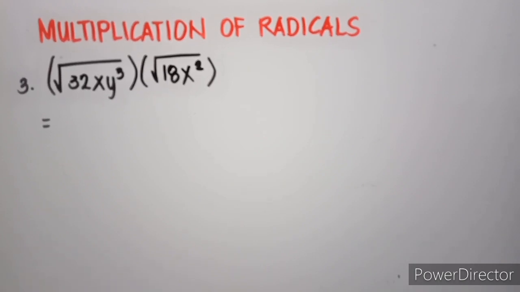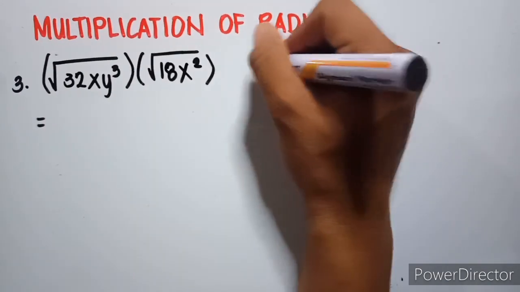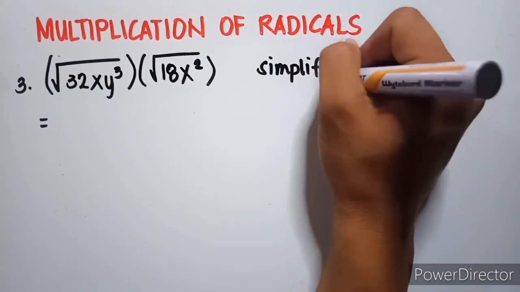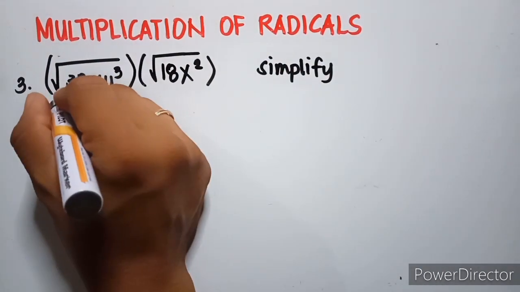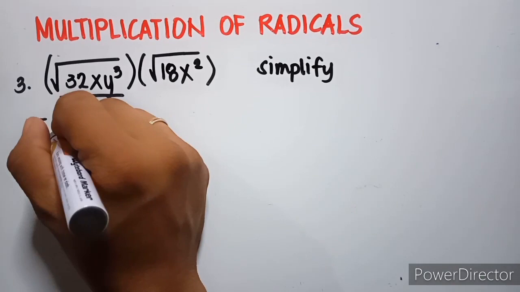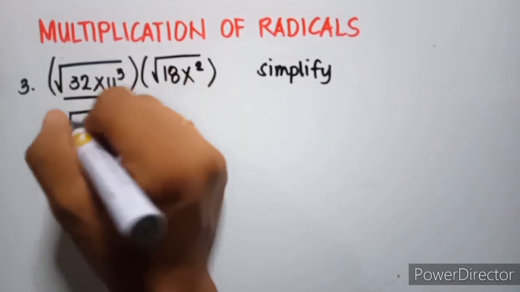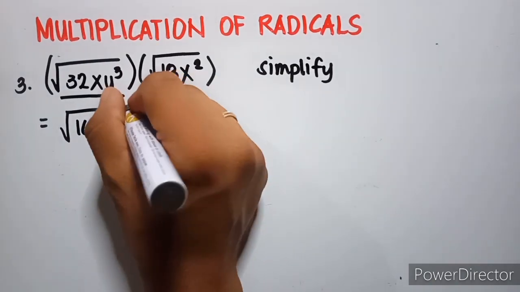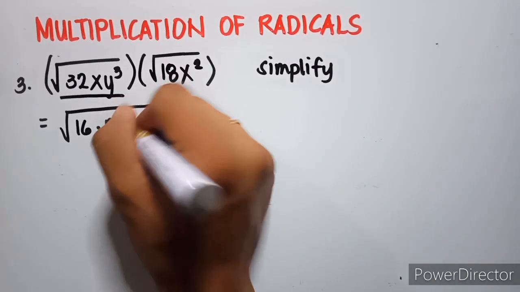Okay, example number 3. Square root of 32xy cubed times square root of 18x squared. So first, let us simplify our given factors. So 32xy cubed has the factor of 16 times 2, then times x.